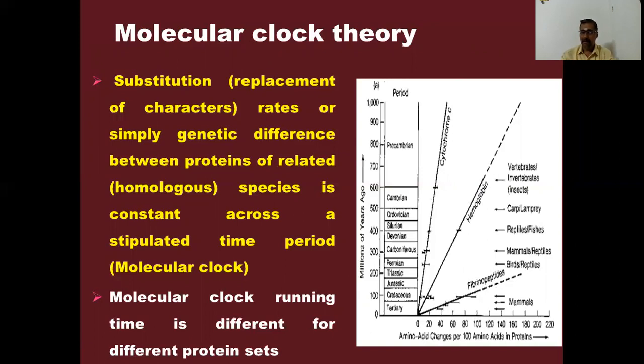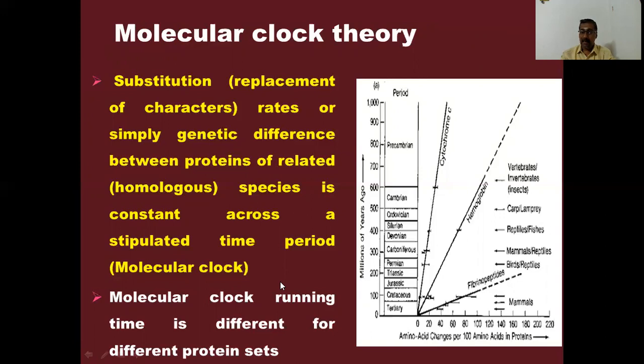For example, in 2 million years, only two characters would have changed. After 2 to 5 million years, some 5 characters would have changed. So this 2 character change and 5 character change will be uniform for a particular class.